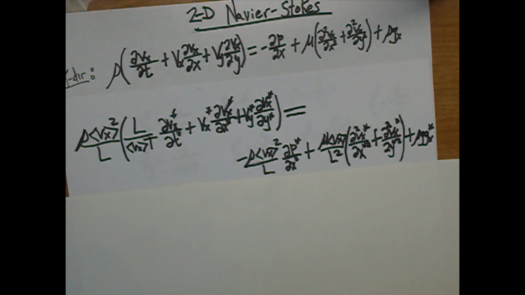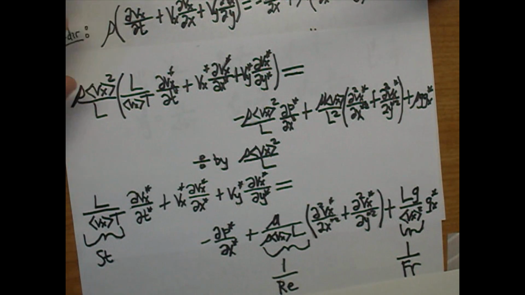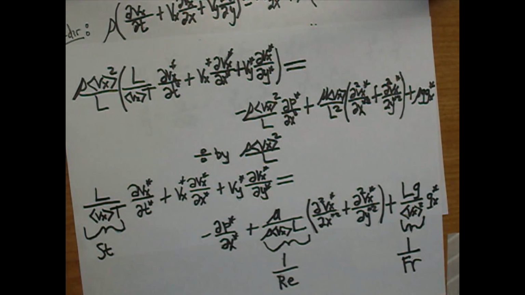There's one more thing that we can do to this, which is divide the whole equation through by rho, average velocity in the x direction squared, divided by L, and we have this final non-dimensionalized 2D Navier-Stokes equation. And since we divided out our rho Vx squared divided by L, we can now see the non-dimensional numbers that come into play.